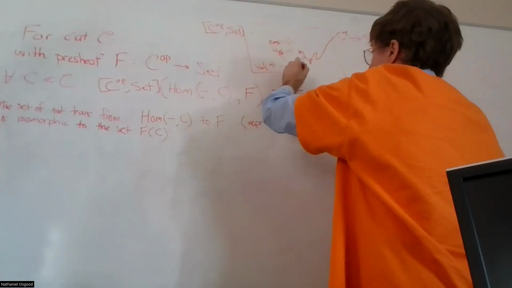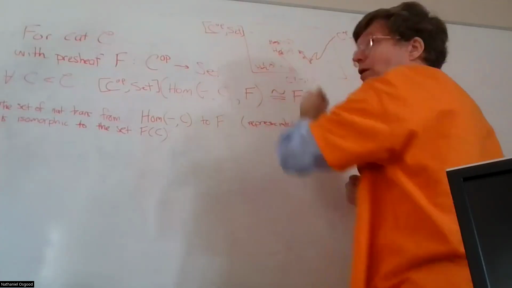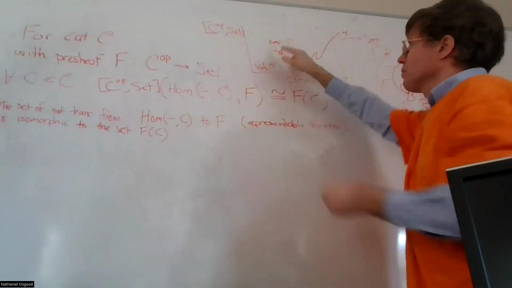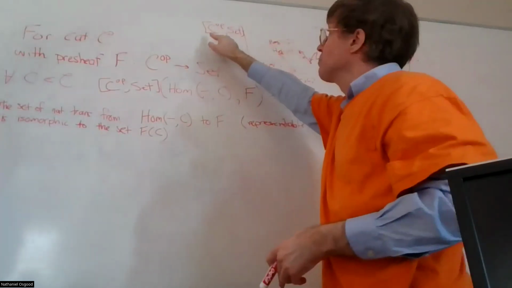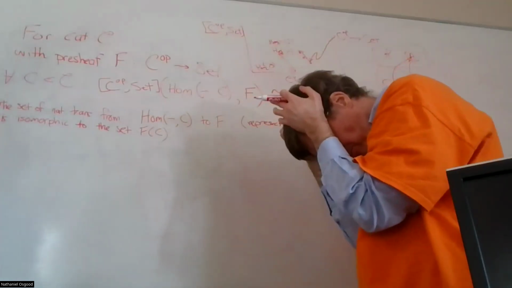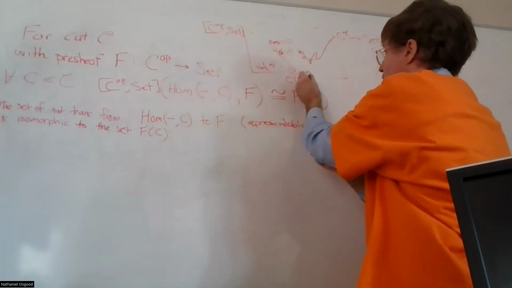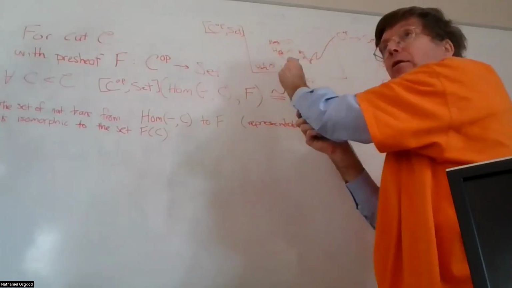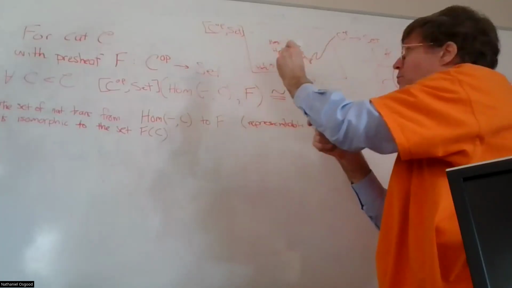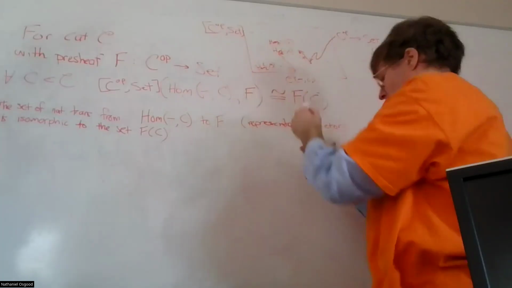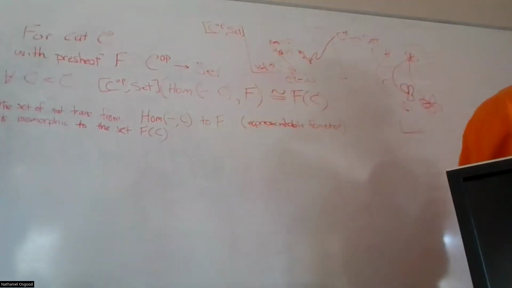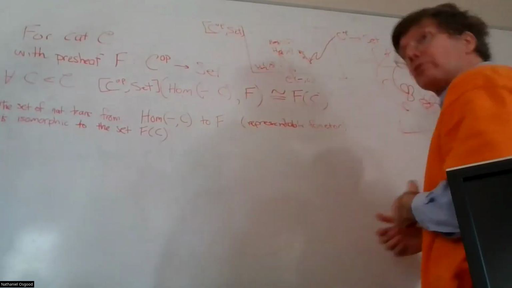Maybe I'll write it C1. Right? Like it's the hom functor. It's a functor. All these are functors, C op to C. That's what this dash is. Fill in the object and you get a set. Fill in the morphism and you get a mapping of function between sets.